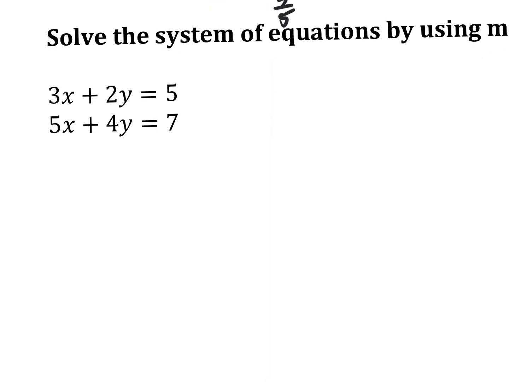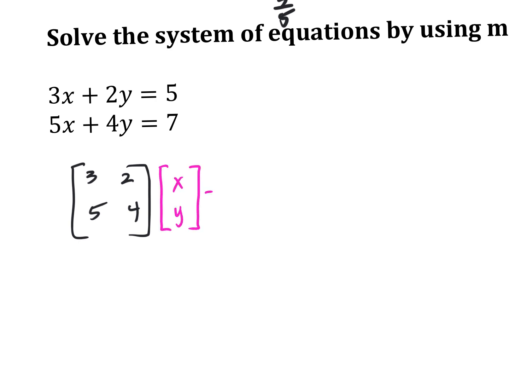To write this system of equations as a matrix, you're going to make a 2 by 2, and pull these numbers and put them in a 2 by 2. We're going to say 3, 2, 5, 4. We extracted those numbers. When I multiply those by my variables, that gets me the constants at the end.